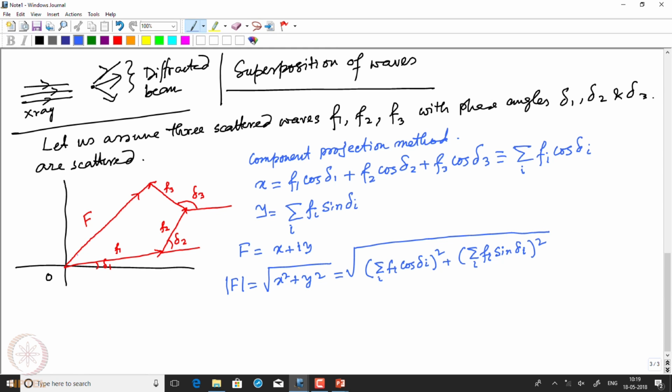And the overall angle of f, that is the phase angle of f, which is alpha, can be written as tan inverse y by x, which is equal to tan inverse of sum over i Fi sin delta i by sum over i Fi cos delta i.